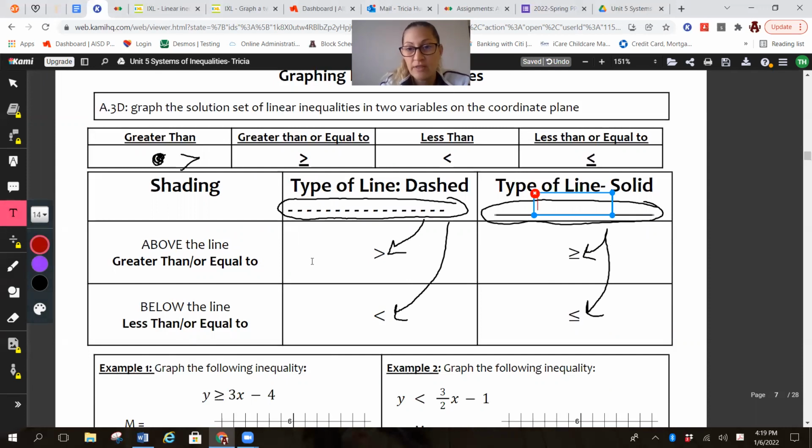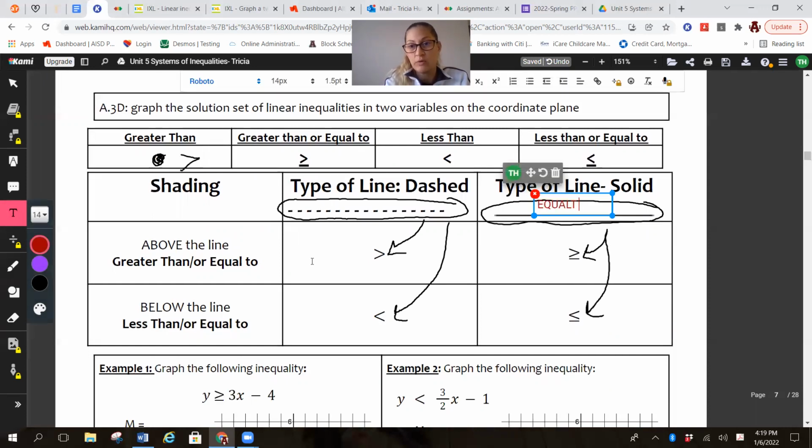So essentially, this means it's equal to, I want y'all to write that down right there. It's equal to. The first 2 symbols do not say equal to. The second 2 symbols say equal to or greater, equal to or less. Okay, that's very important.